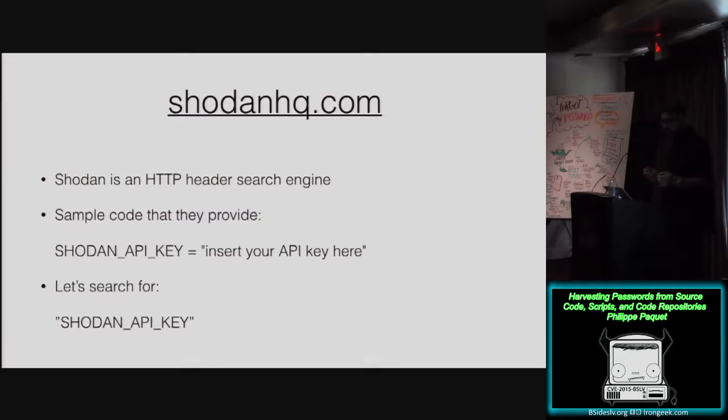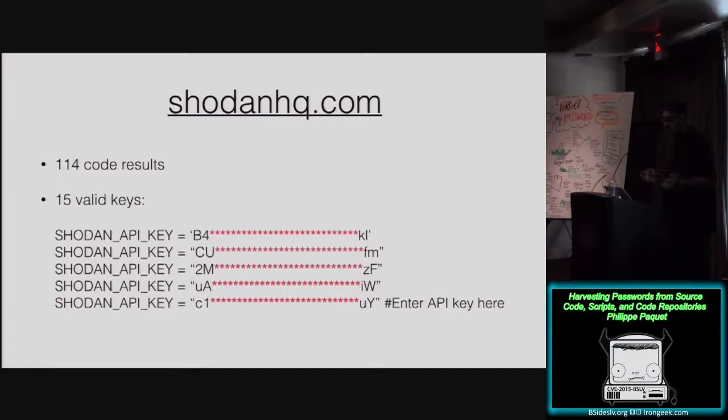Their sample code has a keyword, Shodan API key. So let's search for that. We only find 114 results, but we still find 15 valid keys. So the results for a tool geared towards the security community are about the same as for something very sensitive geared towards the general public. One anecdote is that if you search for that keyword, you're also going to find the Hacking Team Shodan key, because their source code was leaked and put on GitHub.